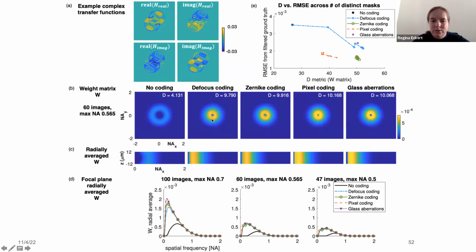And then you can aggregate those to get your overall transfer of spatial frequency information in both X and Y, and also in Z. This is a lot, but this is the general way that we're doing it. What you're seeing in these plots that I showed before was the radial average of this donut-like thing. So you're seeing these lower spatial frequencies being higher weighted in these coded cases. That's the method that we used. If you're curious, I can definitely send you the paper that this is based off of, out of Leitian's group. Oh, sure. Yeah, thanks a lot.